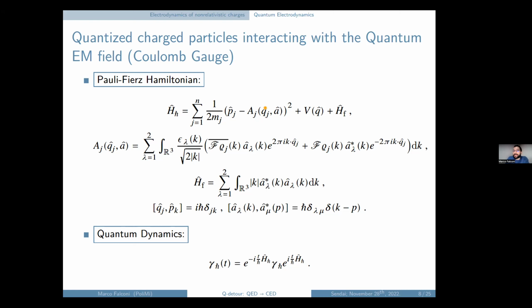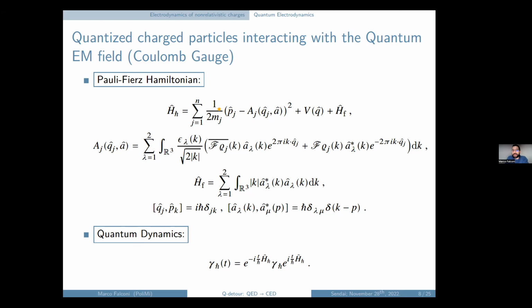And the Hamiltonian reads like this. So there is the minimal coupling between the quantum momentum operator of each particle and the electromagnetic vector potential A_j. So this is the quantized electromagnetic potential. The explicit form is written below. It depends on the position operator j, and it depends on these a and a star, which are the creation and annihilation operators that I will tell you about very soon.